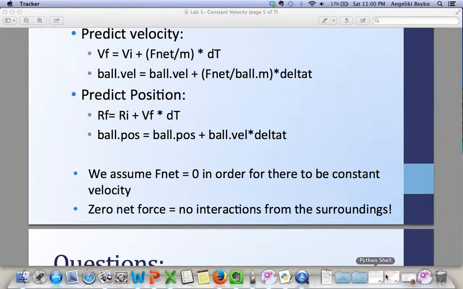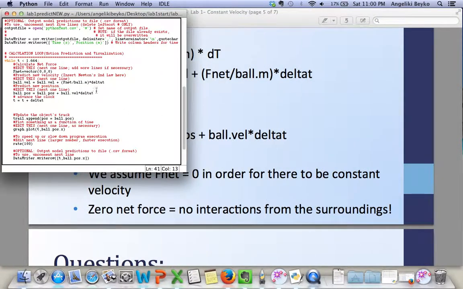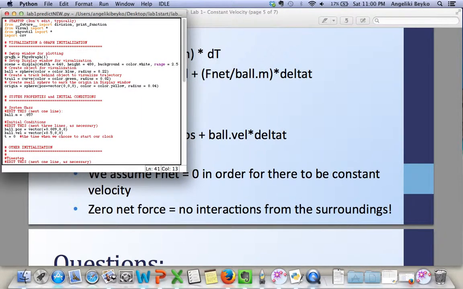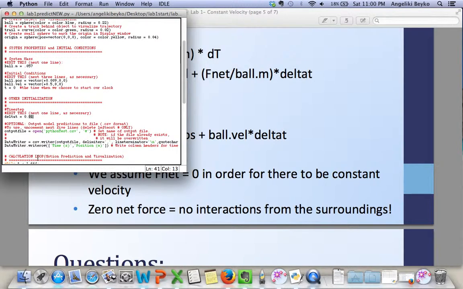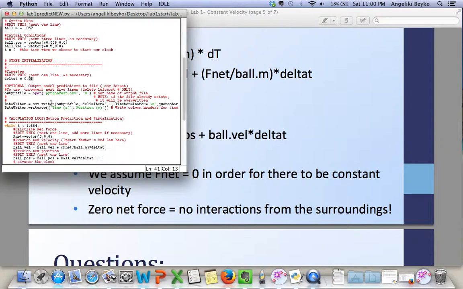So I'm going to show you the code now, and we're going to play that. Here is the code, and as you can see, this is the ball's mass in kilograms, 0.057, and this is the ball initial position, as we already mentioned, 0.009 meters in the positive x direction, and this is the initial velocity, 0.5 meters per second. Here's time 0. This is when we chose to start our clock.